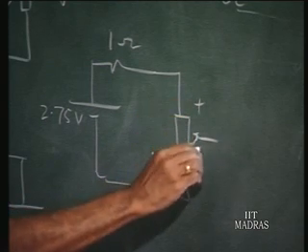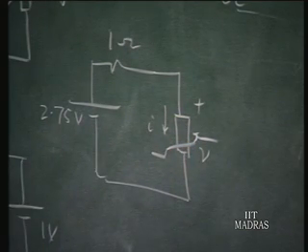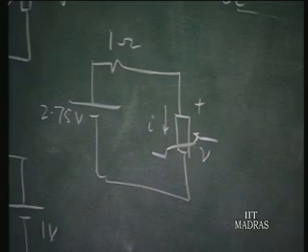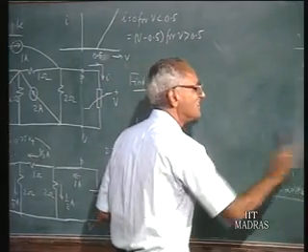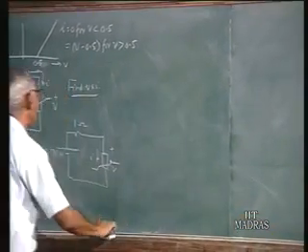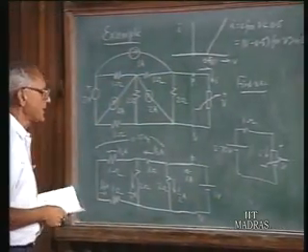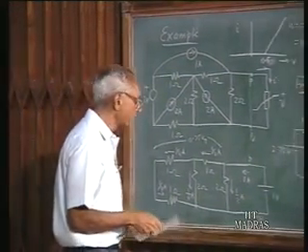which has got this VI relation. This VI relation. So you can solve this problem using the load line approach, which you are familiar with from electronic circuits, or alternately you can do it analytically.